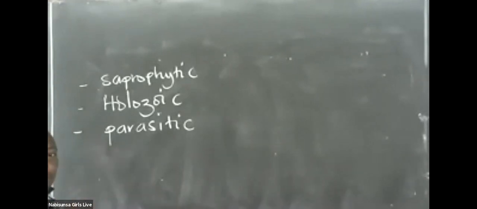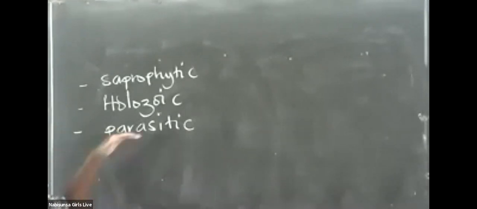Parasitism is an association. So I will not use the word parasitism, I'll just say parasitic nutrition. This form of nutrition involves an organism depending on another organism, obtaining nutrients from another organism, but causing harm.